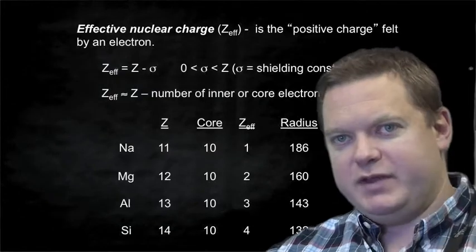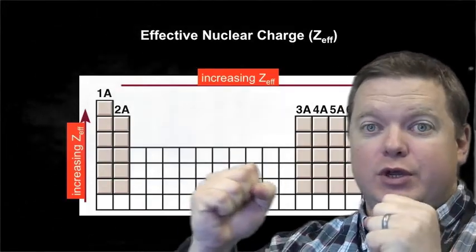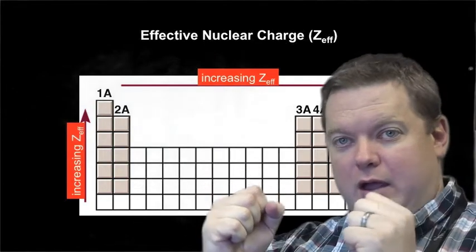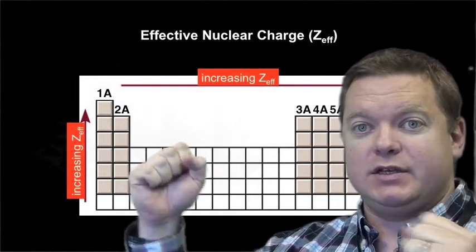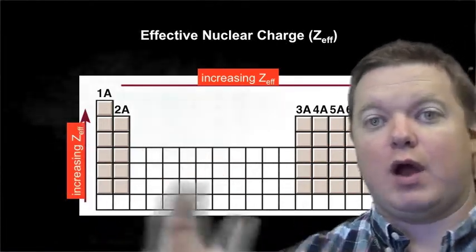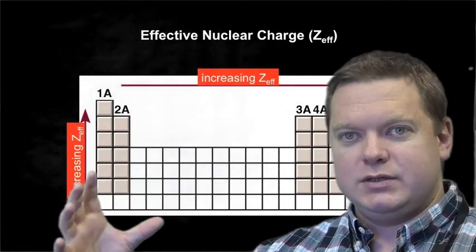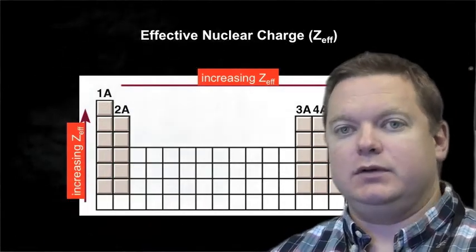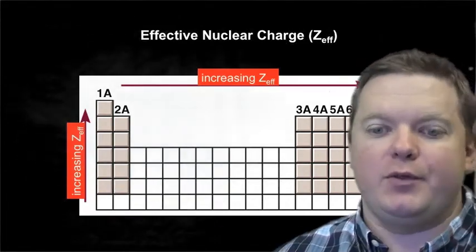So we can also think of this as Coulomb's law, that the attraction between two charged particles is going to be an effect of both the magnitude of those charges and the distance between those. Right? So we see the effect of magnitude as we look across the periodic table. The magnitude of those charges increases, so we get a stronger Z effective. We can see the effect of distance by looking up and down the periodic table.